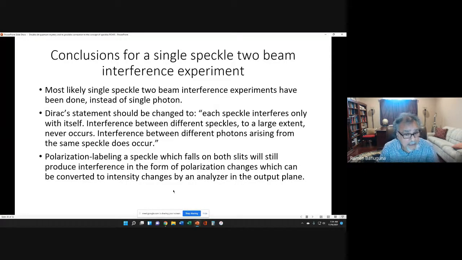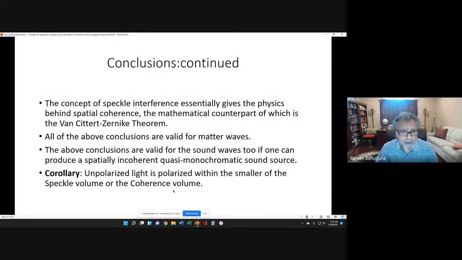Now, polarization labeling a speckle which falls on both slits will still produce interference in the form of polarization changes or polarization bands, which can be converted to intensity changes by an analyzer in the output plane, as I discussed earlier. The concept of speckle interference essentially gives the physics behind the spatial coherence, the mathematical counterpart of which is the Van Cittert-Zernike theorem.